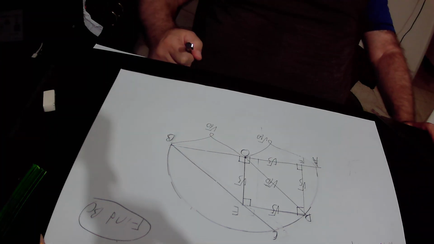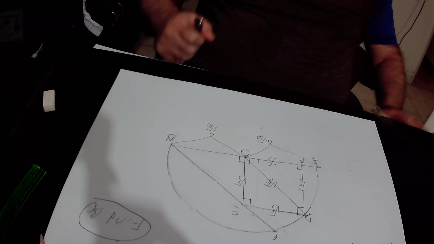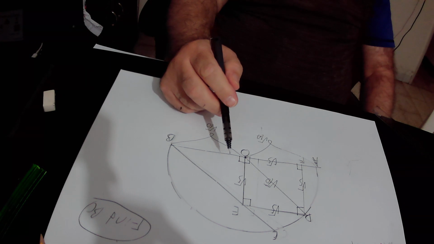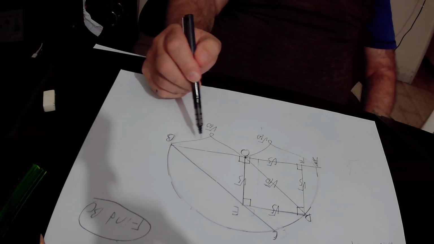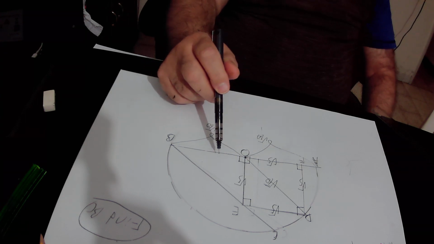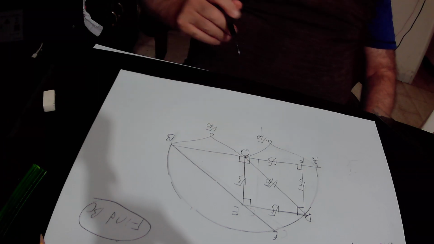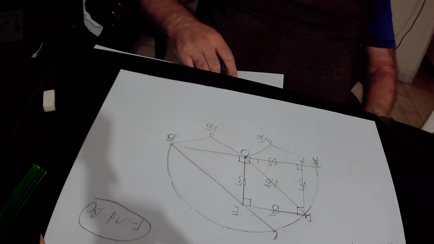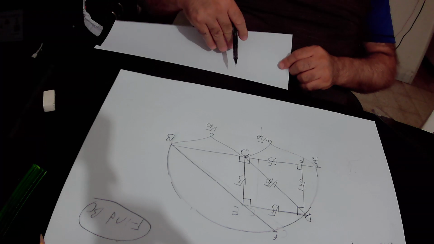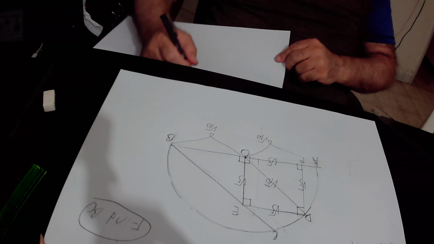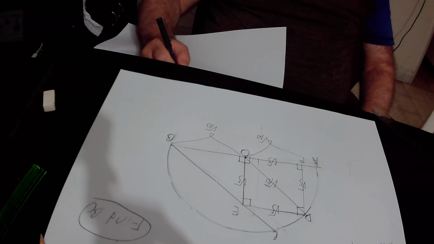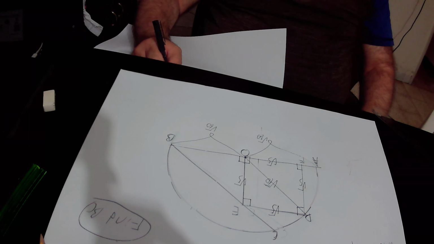Okay, so in the next step we'll focus on the right triangle EOB, and then we will implement the Pythagoras theorem on this right triangle EOB. So I will copy the right triangle EOB in a new page.